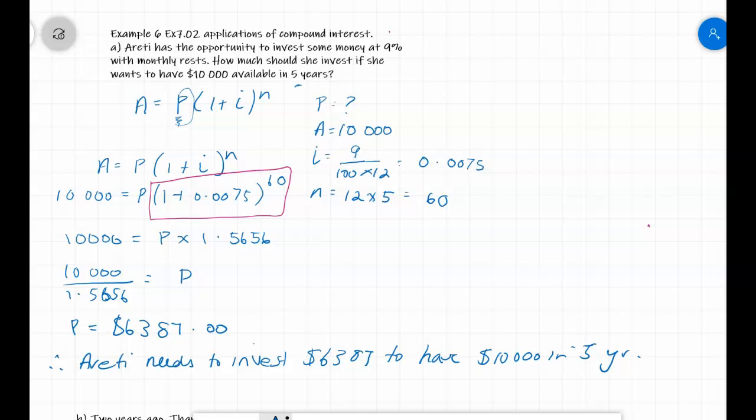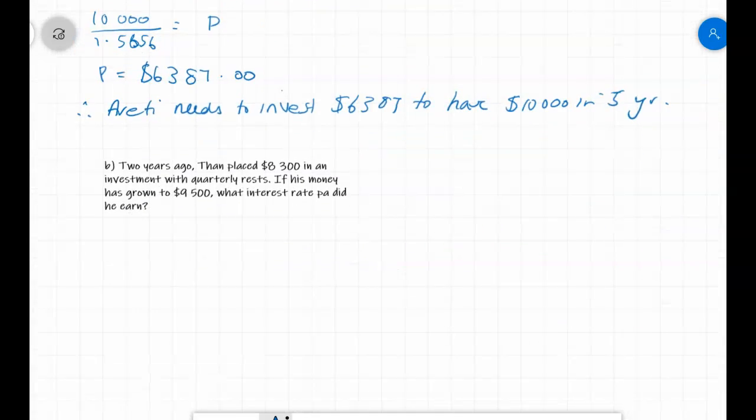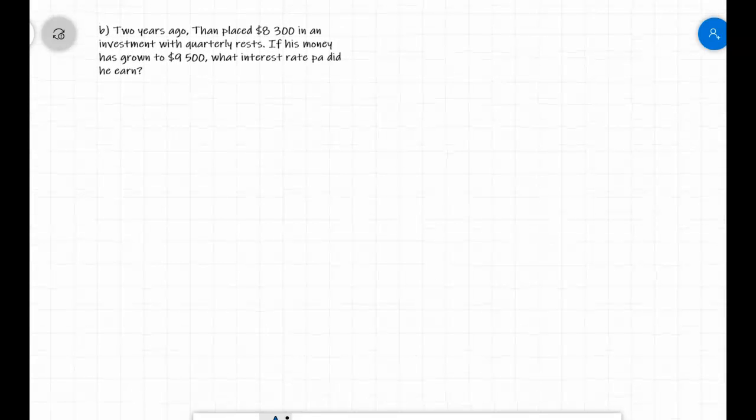Alright, so that's A. In example 6, there's also B, so I'm going to slide that up and we'll do B now. This one, we're obviously going to use the same formula.